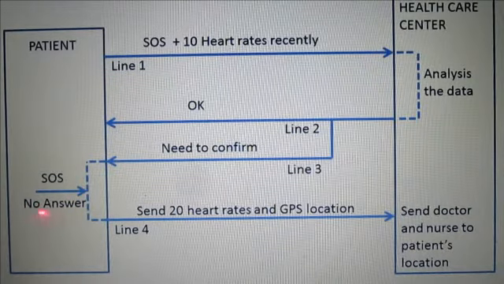It's called no answer. The device will automatically send 20 heart rate data and GPS location information to the healthcare center. It is shown on line 4. When the healthcare center receives this signal, the center will send a doctor and nurse to the patient location immediately.